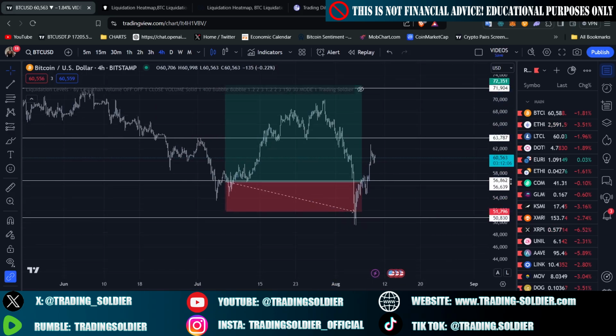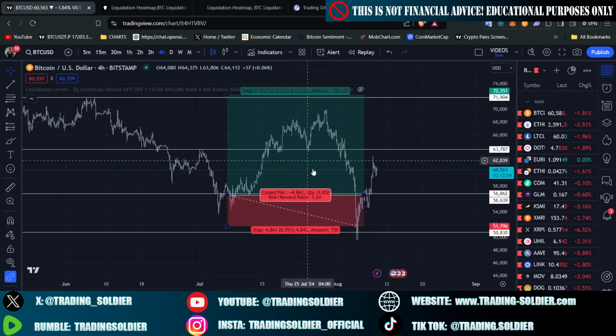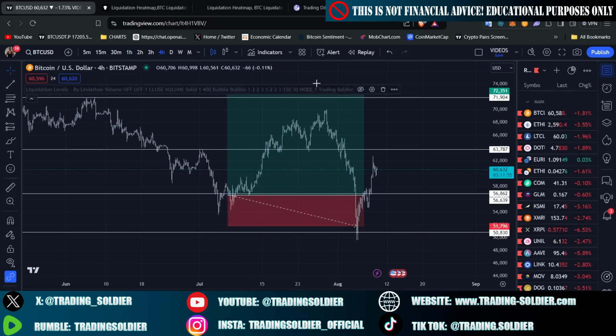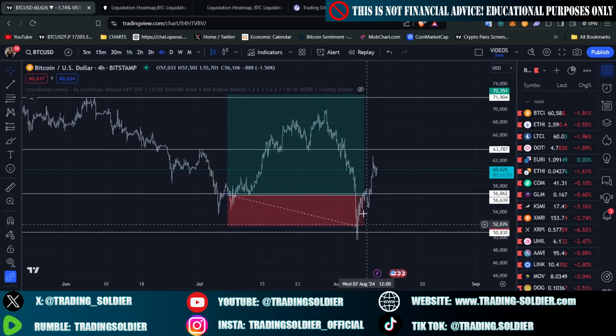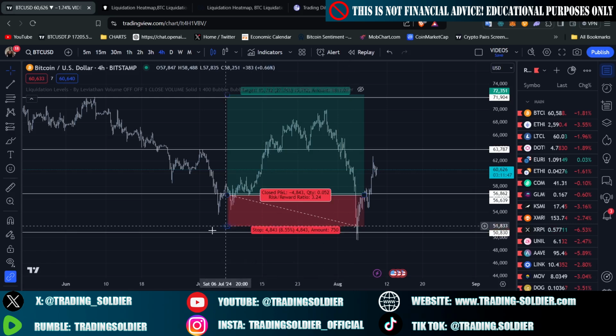And then the price reverses and liquidates them. Here the traders that entered long waiting for a new all-time high on Bitcoin, if they didn't close the position after this move up, when the price retested this area it liquidated them, forcing them to close the position because the stop loss got hit or they got liquidated.